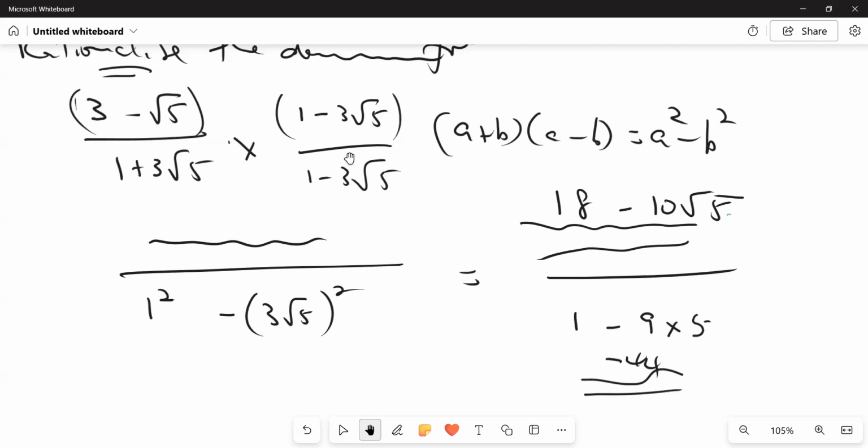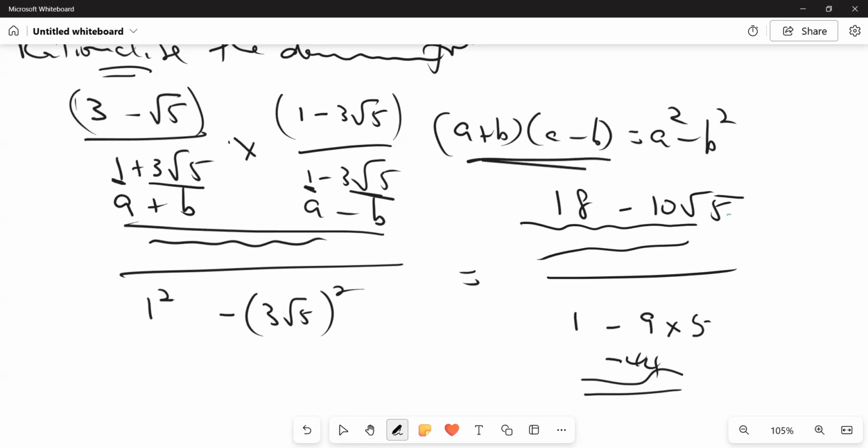When you multiply here by here, you see A plus B, A minus B. A is like 1, B is like 3 root 5. It resembles this thing here. Therefore, you don't have to do the long multiplication.